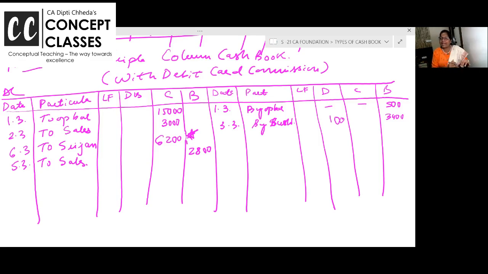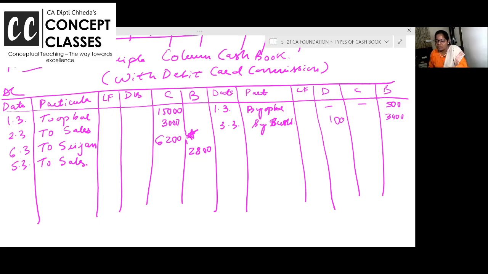Instead of putting it in the bank, I kept it in my drawer. And then again, I endorsed it. So the day I endorsed it in favor of Adit, 6,200, then I have made payment to Ajit, no?